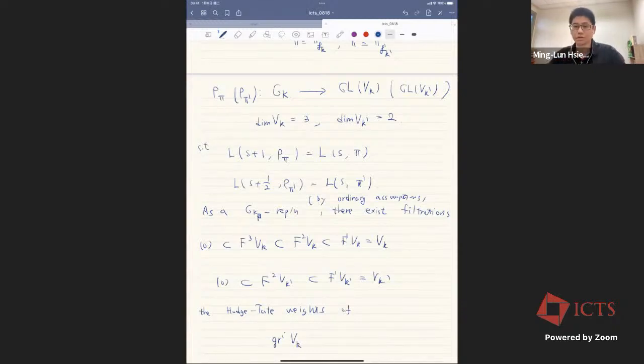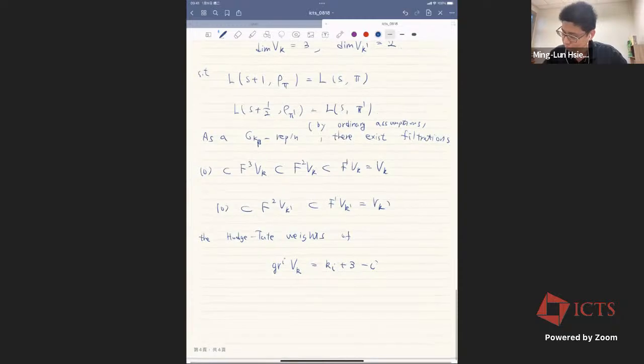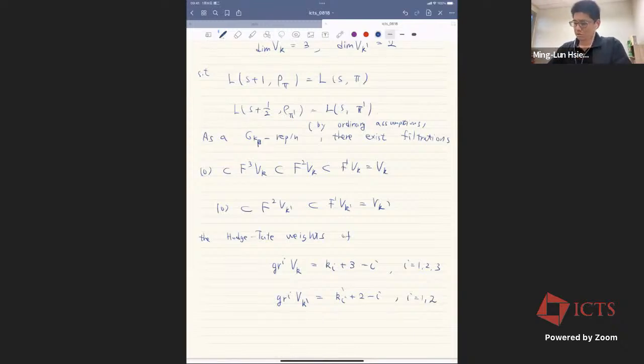The Hodge-Tate weight of the graded piece of VK is given by k_i plus 3 minus i, and for this graded piece of VK prime, it is k_i prime plus 2 minus i, where i is 1, 2, 3 for VK and i is 1 and 2 for VK prime. So the ordinary assumption assures filtrations with very explicit Hodge-Tate weights.